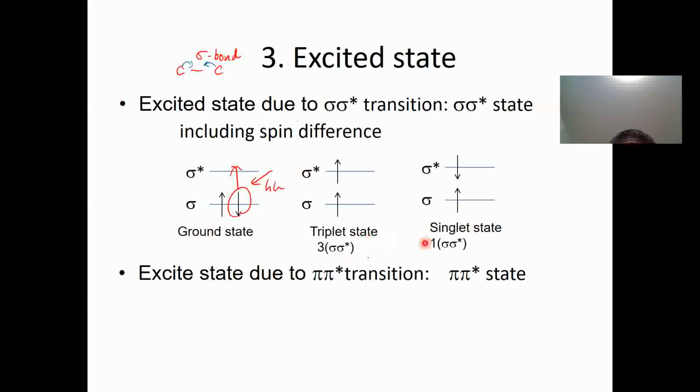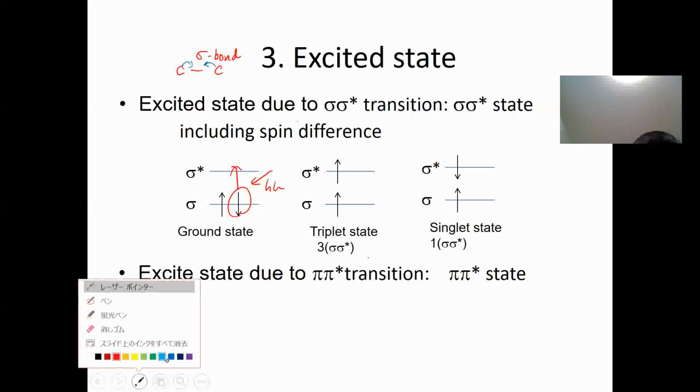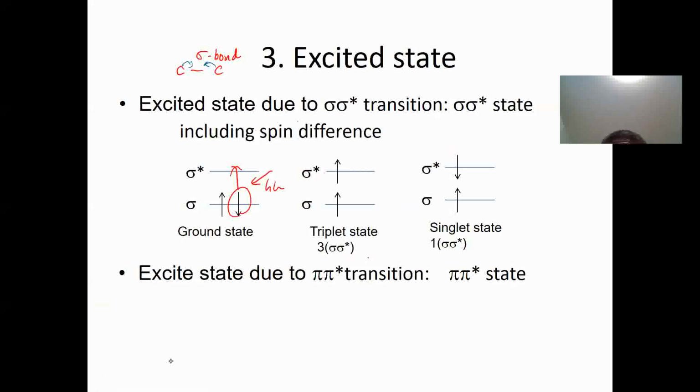We are coming back to this issue later. Just keep in mind that there are 2 types of excited state. Also, I want you to be aware that these are molecular orbitals.